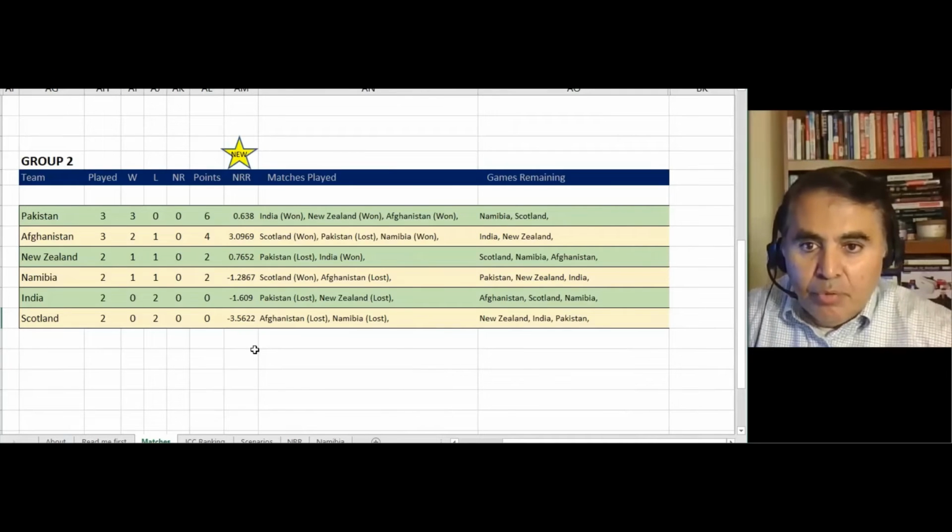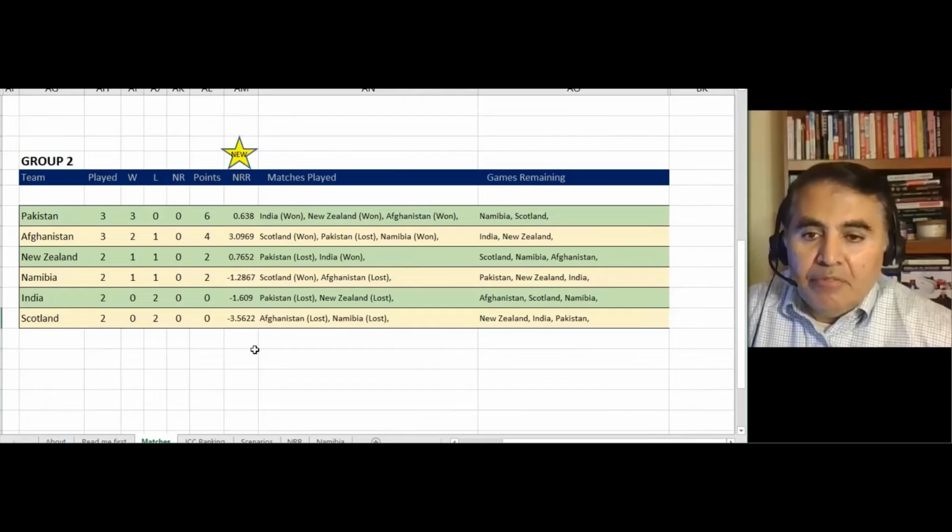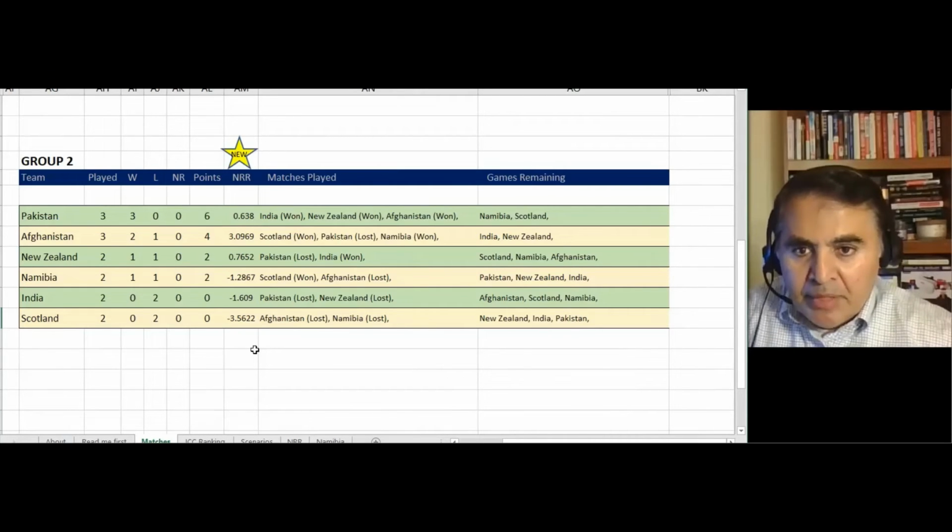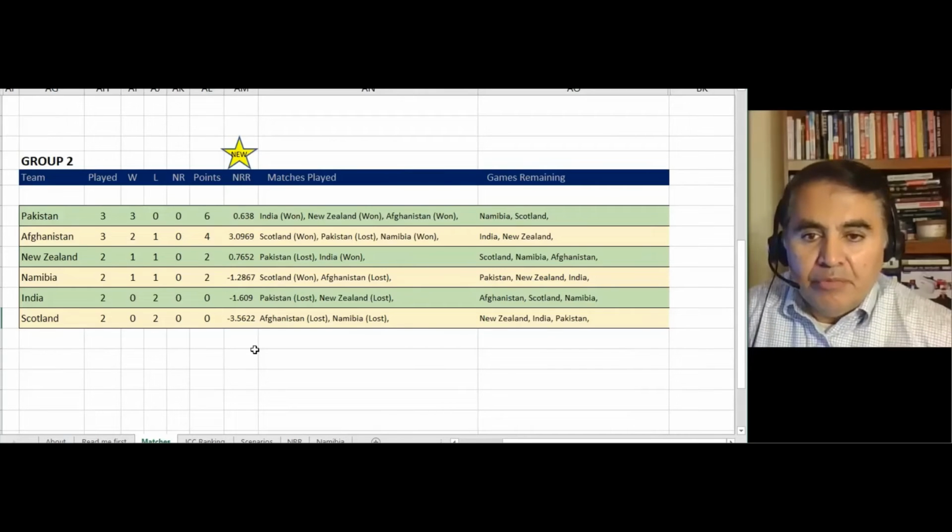Afghanistan now has 4 points. And New Zealand has gotten ahead of Namibia. They both have 2 points each by virtue of their solitary win, but New Zealand is ahead by way of the superior net run rate. India does not yet have a point on the board, and neither does Scotland.